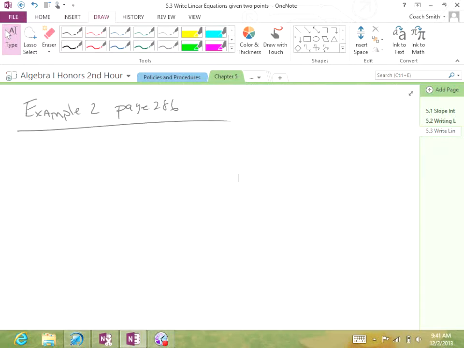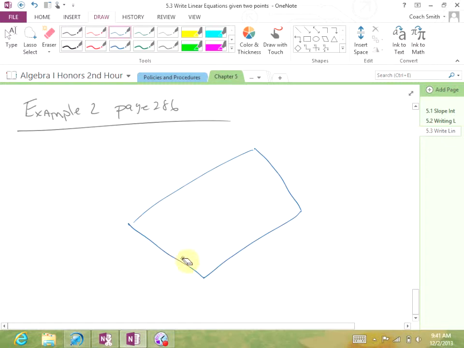They basically have given you a figure like this, and this is A, B, C, and D. What they want you to prove is that AB is perpendicular to BC. So they want you to prove that it's a 90-degree angle.